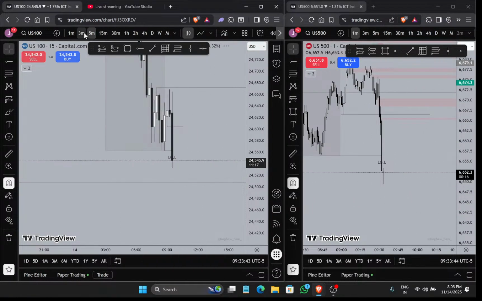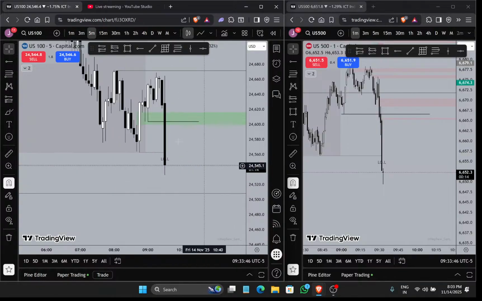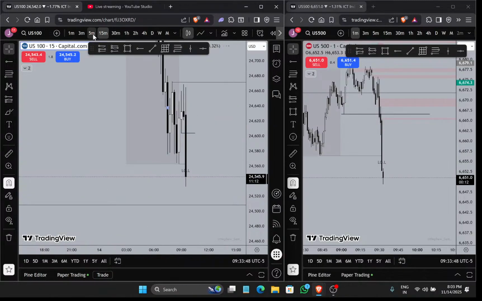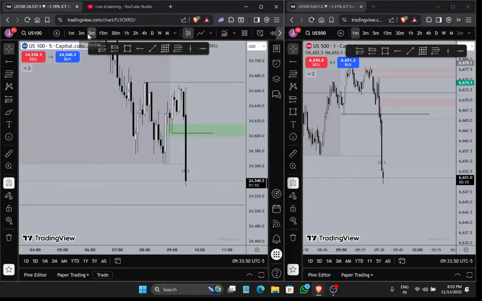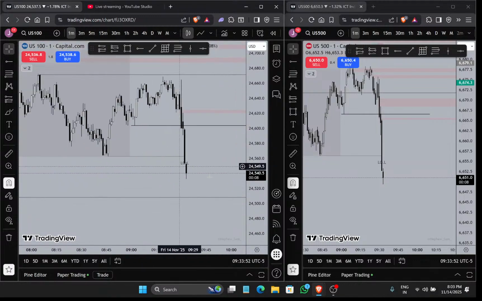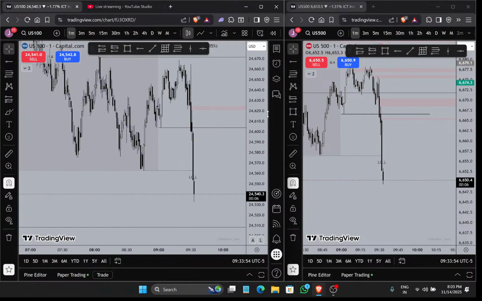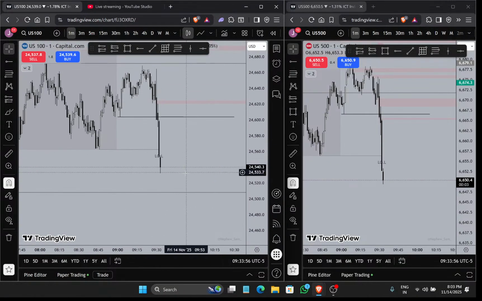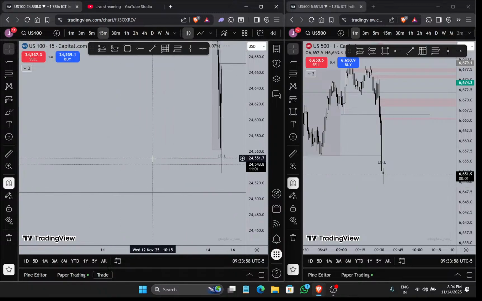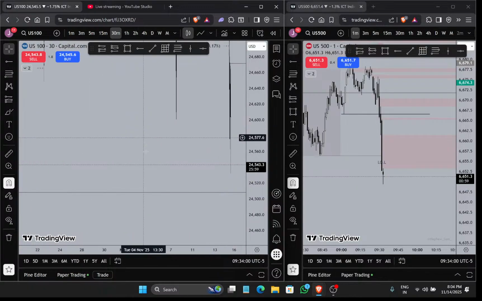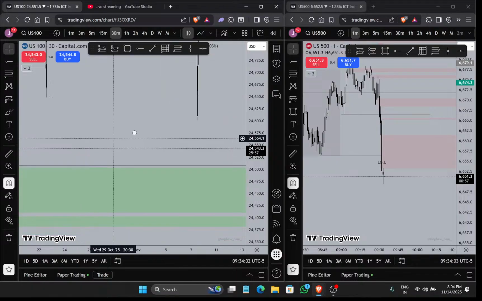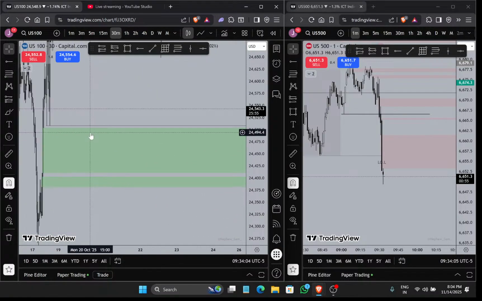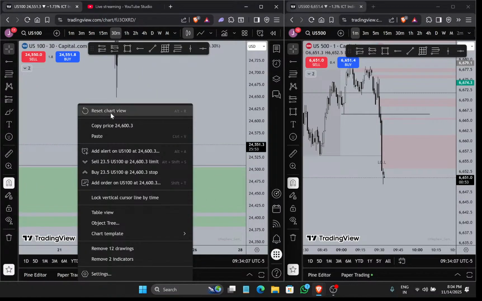After this fall, I maybe think about looking for a long. Let's see if we can boost to this level. So we have these 30-minute lows here sitting right there.